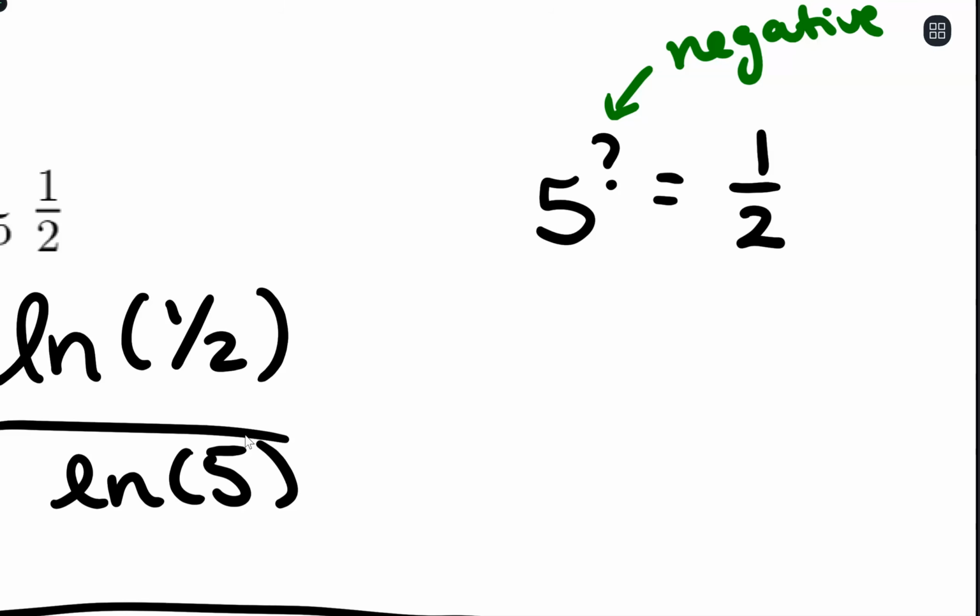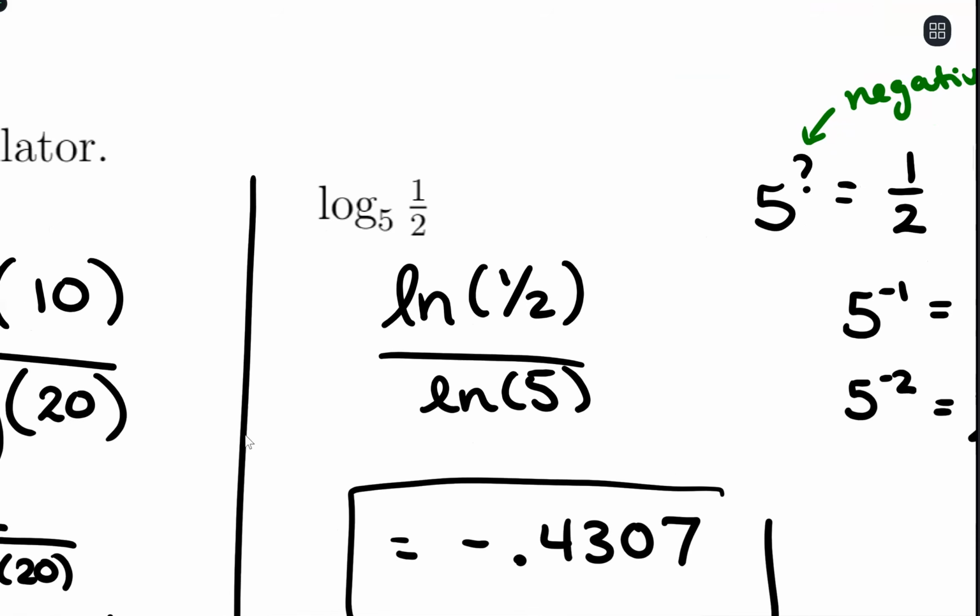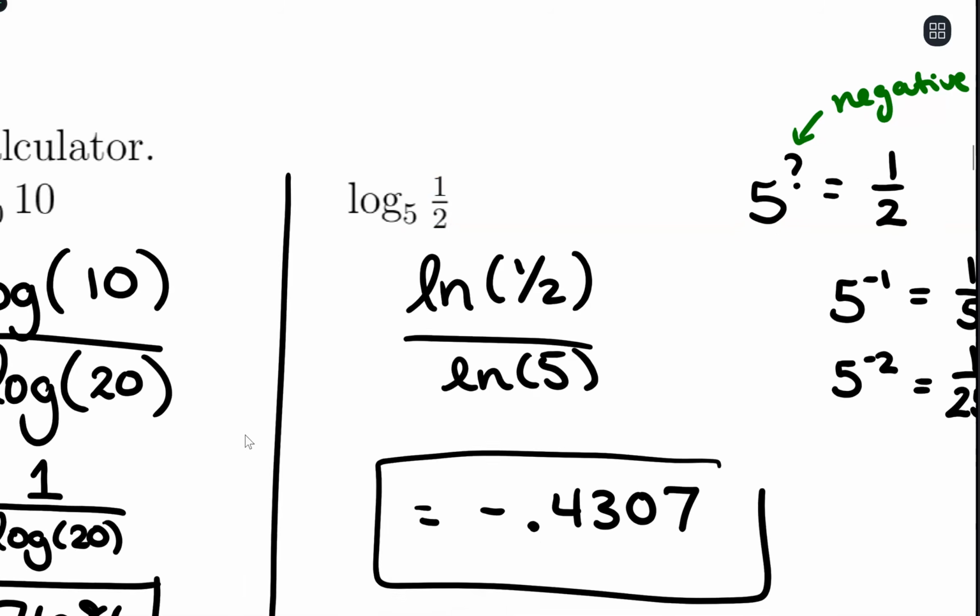Just as a refresher with negative exponents, if we had 5 to the negative 1, that's 1/5. If we had 5 to the negative 2, that's 1 over 5 squared, which is 1/25. So negative exponents make these fractional values by moving our calculation to the denominator. So you can have negative outcomes, and it's specifically this relationship between the base and value, where the value ends up being a fraction between 0 and 1.